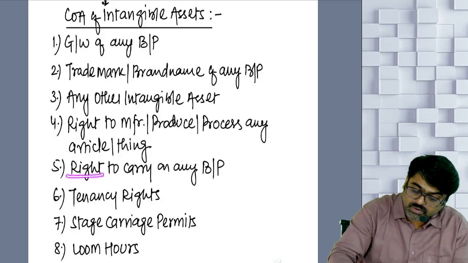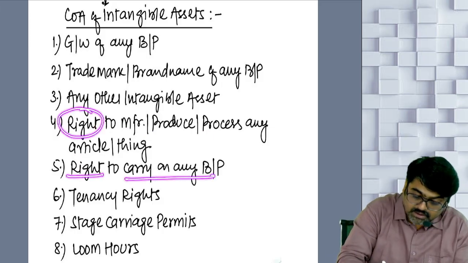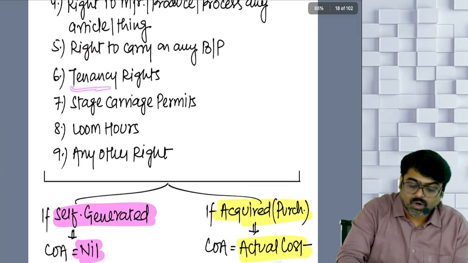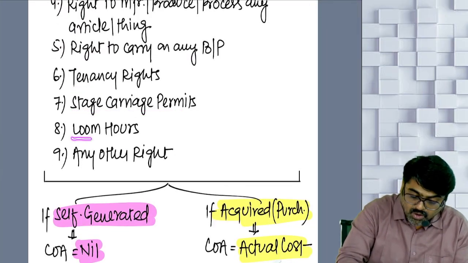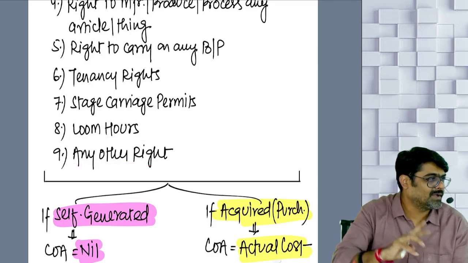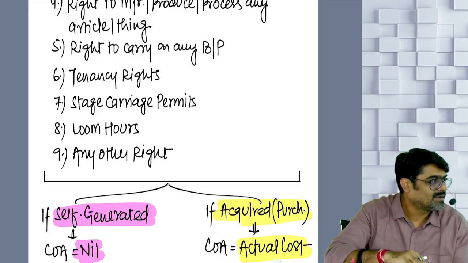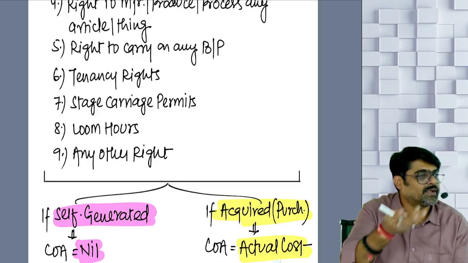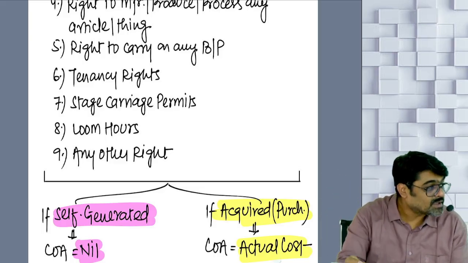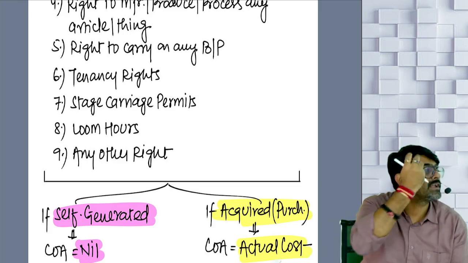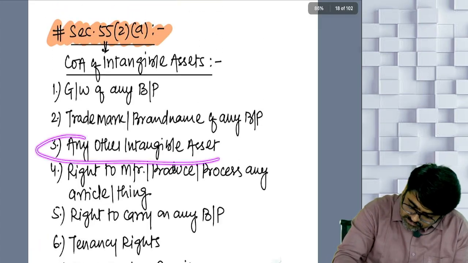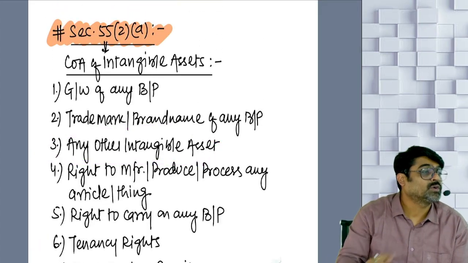Then you have a right to carry on any business, or you have tenancy right, or you have stage carriage permits, or you have loomers, or any other right. 2 years back, they said that if we are talking about all the rights in 55(2)(a), then why should other rights remain out? Consider all other rights also under this section. So this got introduced 2 years back.